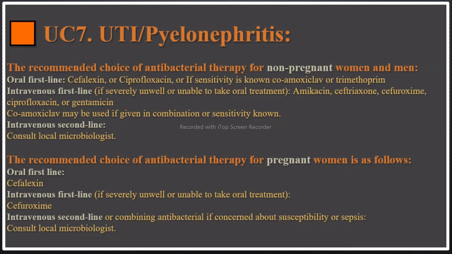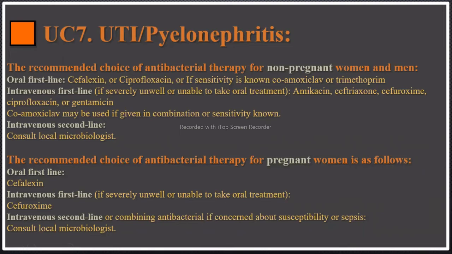You are following the first line, and once you find sensitivity, you will change to, for example, amoxiclav. So what is it called? Antibiotic stewardship. Okay, so you are following stewardship guidelines. I sent it in the group, and if you search by stewardship guidelines, they will give you what to do with antibiotics.